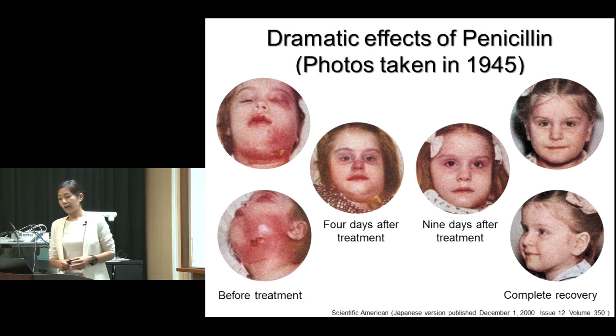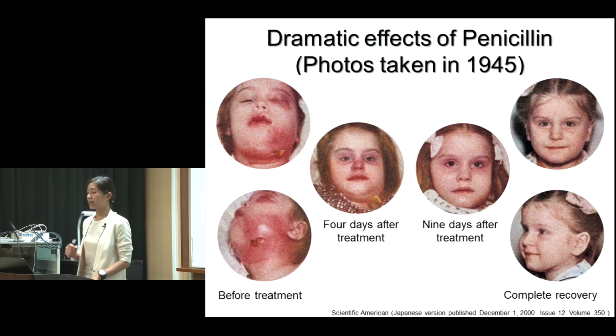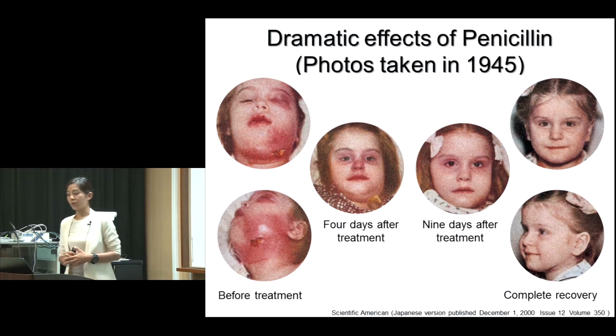Also, the discovery of antibiotics is worth mentioning as a historical milestone in infectious disease epidemiology. And penicillin was discovered by Fleming in 1928. Before its introduction, there was no effective treatment to treat infections.